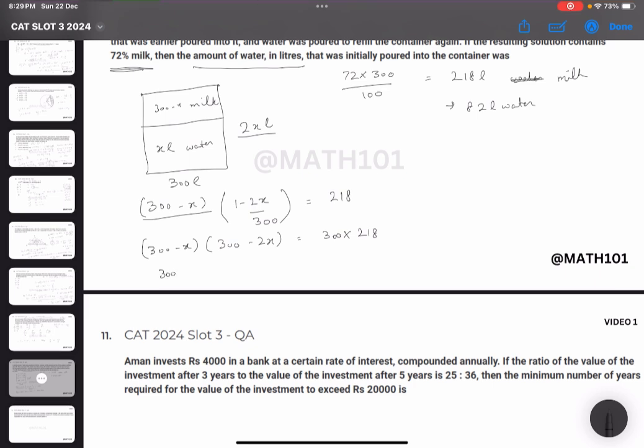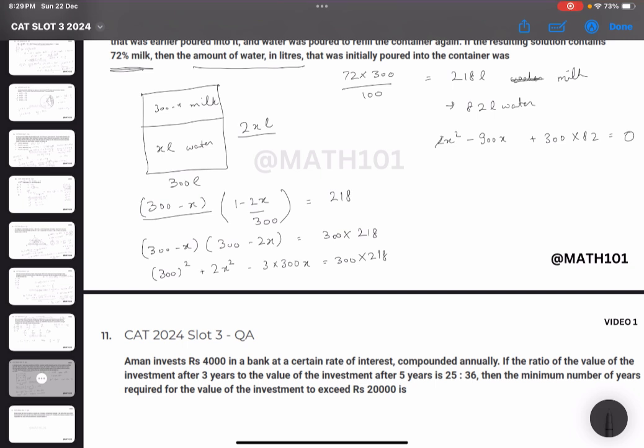So 300 squared plus 2x square minus 3 times 300x equals 300 into 218. Rearranging, we get 2x square minus 900x plus 300 into 82 equals 0.